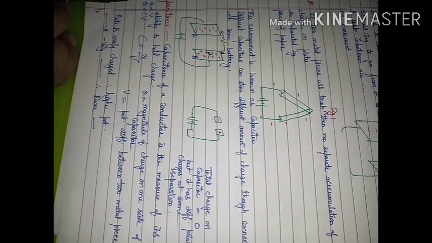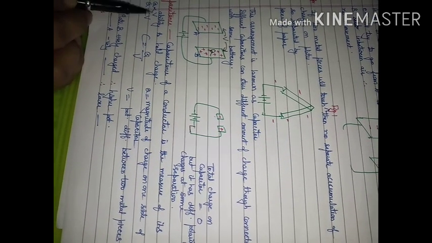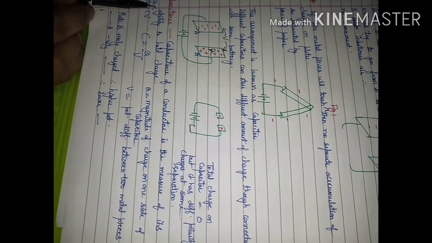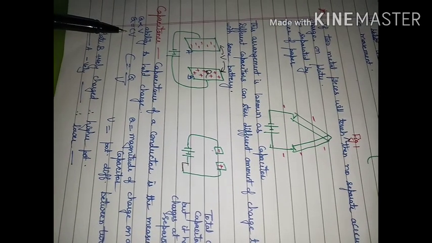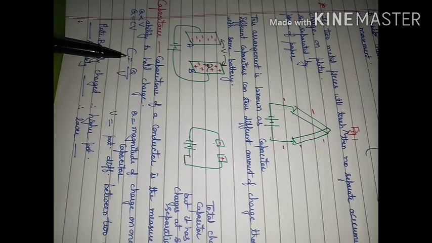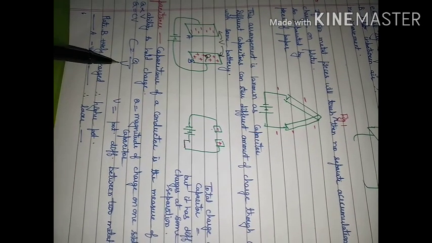We have done previously that charge present on a body is directly proportional to potential. Removing the proportionality sign, a constant of proportionality will be there. This C represents capacitance. C will be equal to charge divided by V, potential.